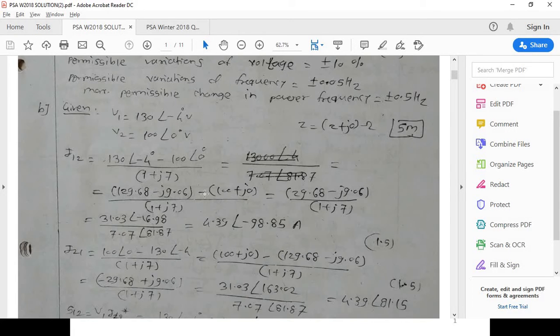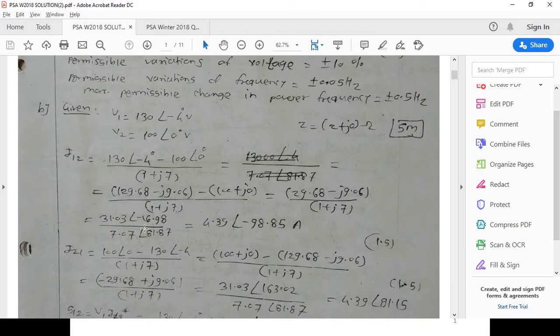Now we can do the subtraction. After subtraction, the value becomes equal to 29.68 minus j9.06 upon the impedance 1 plus j7. But now we have to do the division, and we have the idea that for division both values should be in polar form. So we'll convert these rectangular values into polar form.